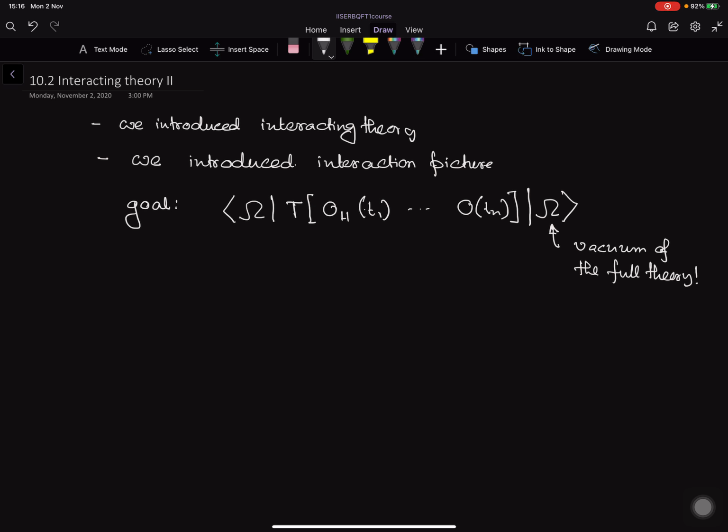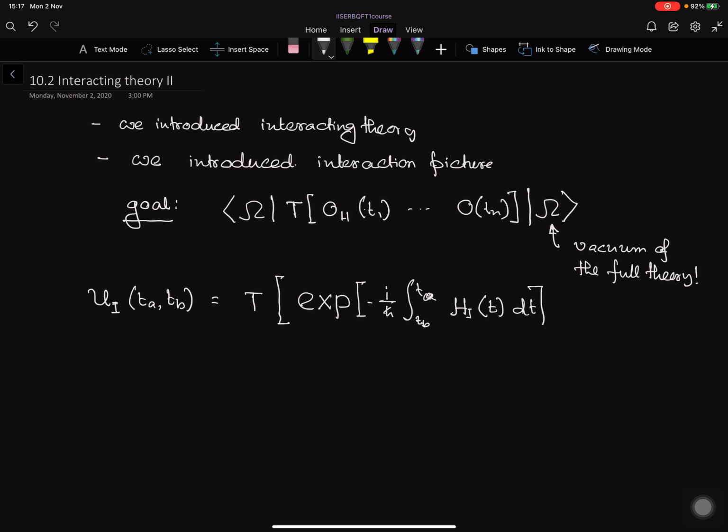Then in this lecture, this is our goal, and more importantly, we introduce the interaction picture evolution operator, which is given by a time ordered product of the exponential of minus i over h bar, integral from Ta to Tb of the interaction picture Hamiltonian dt, where H_I of t is simply given by this interaction picture operator.